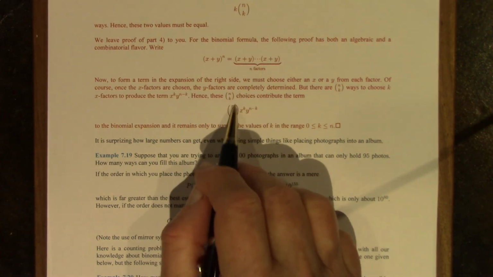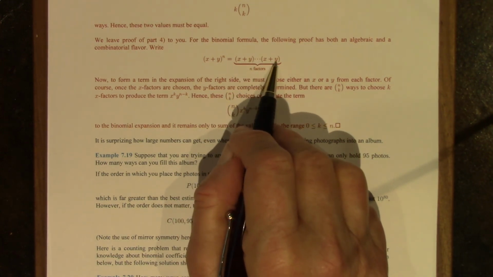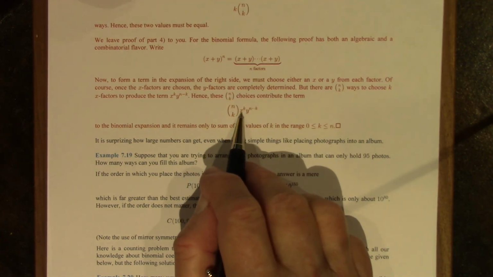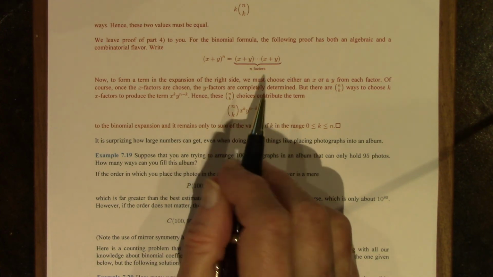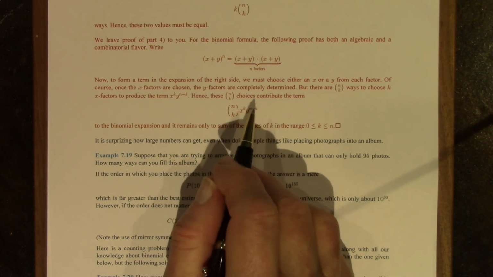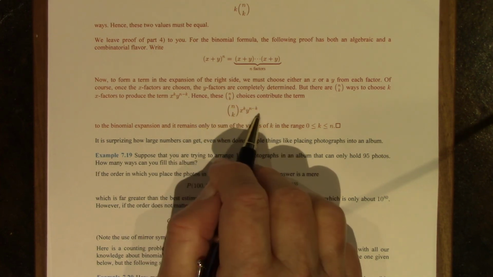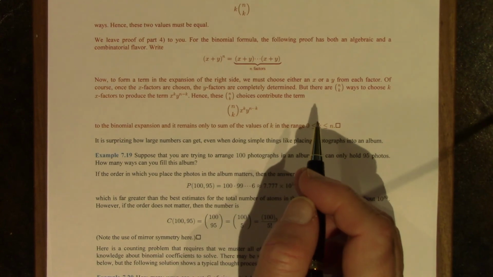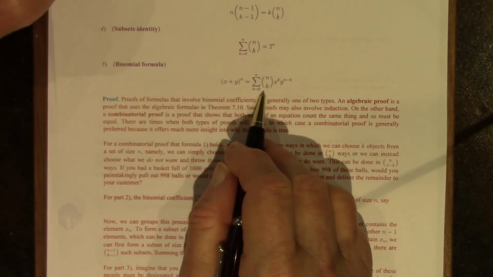So there are n choose k ways of selecting k of these factors to pick out an x. And that'll give you the term x to the k, y to the n minus k. So this is the total when we add up all the terms, x to the k, y to the n minus k, we'll get this. Then we just sum on k from 0 to n, and that is precisely the binomial formula.